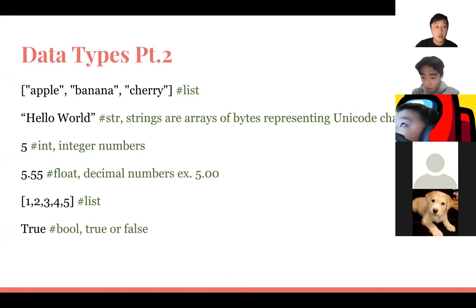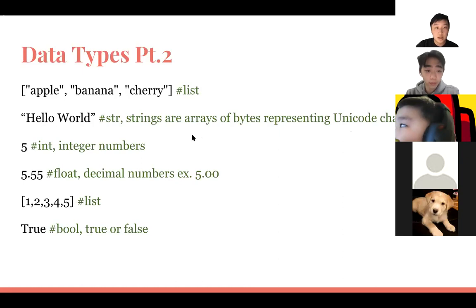A list has brackets on the left and right, and each item is separated by commas. Learning how a list works isn't too important right now, as we'll cover that later in our program. For now, I would like to direct your attention to how a string and an int work. We have a second example here.